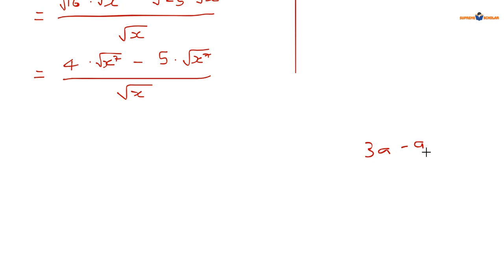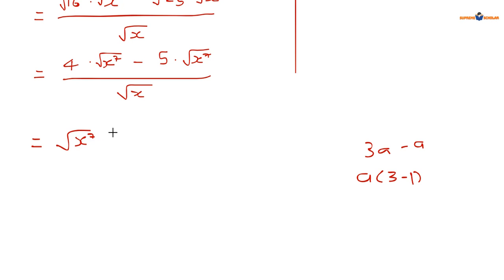Since there's a common factor, we can take it out, and this becomes 3 minus 1: a times 3 is 3a and a times negative 1 is negative a. We can think of the square root of x to the power of 7 as a, it's exactly the same thing. So since it's a common factor, we can take that common factor out.